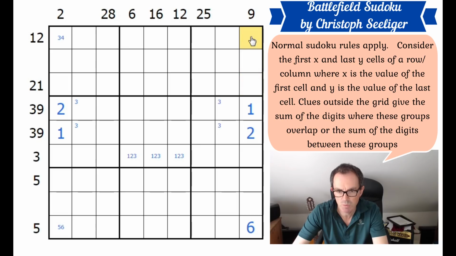But this can't be a 1. So that's just impossible. So if this is a 6, we are definitely looking at an overlap clue. But that overlap has to include these 2 digits and whatever we put in this square. And it's got to add up to 9. So actually we'd have to have a 6 here and a 6 here, so it breaks twice. That's the only way of making this work.